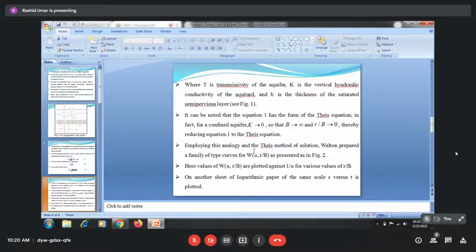Implying this analogy, Thie's method of solution, Walton prepared a family of type curves for W R by B. As I said in the beginning, in case of Walton's method, leakage will not be constant for all aquifers; it will be varying.